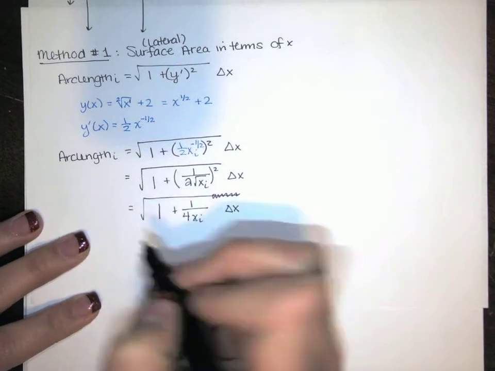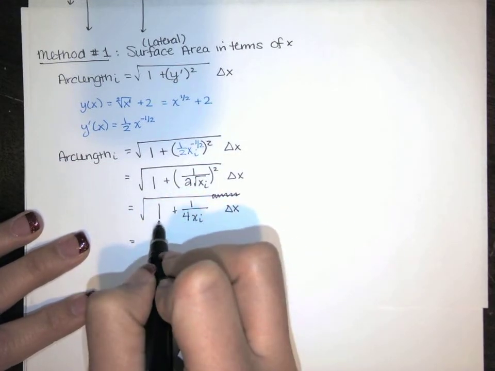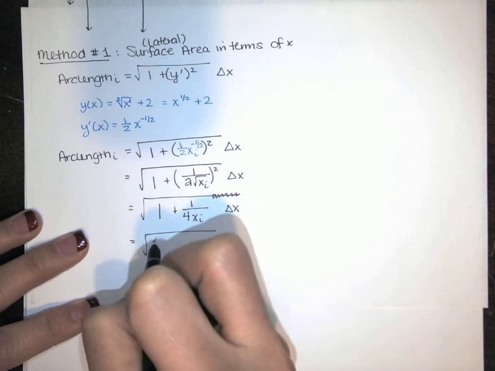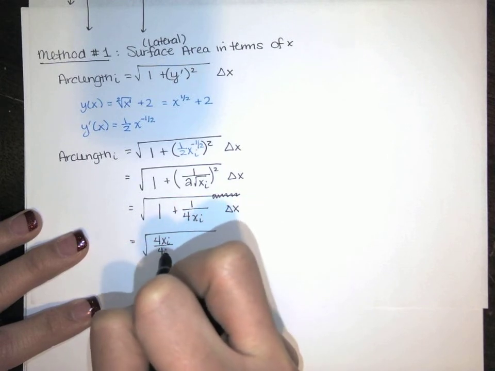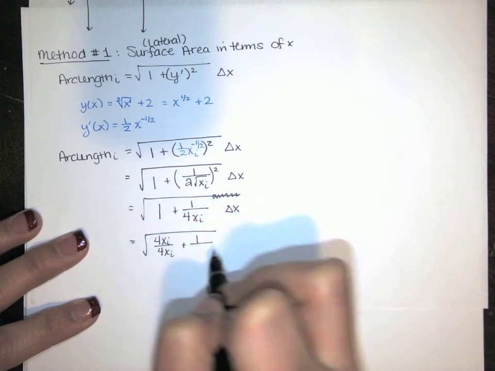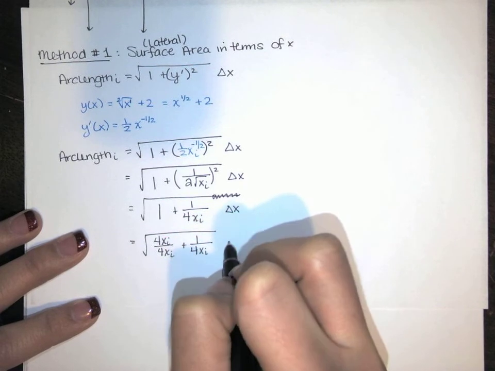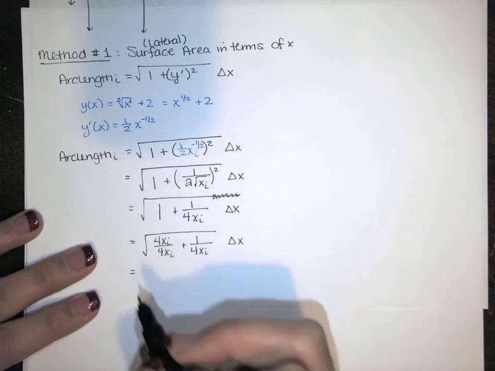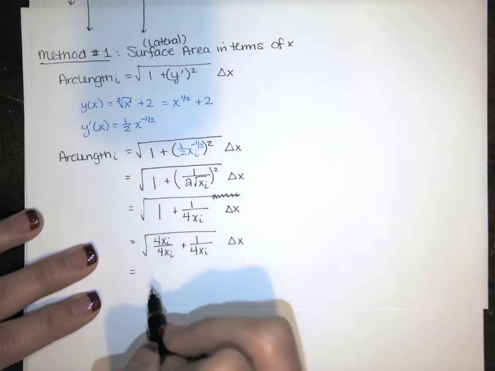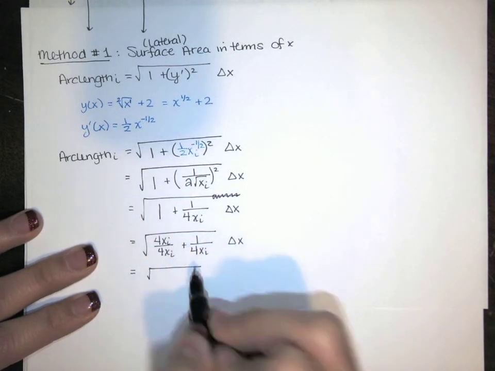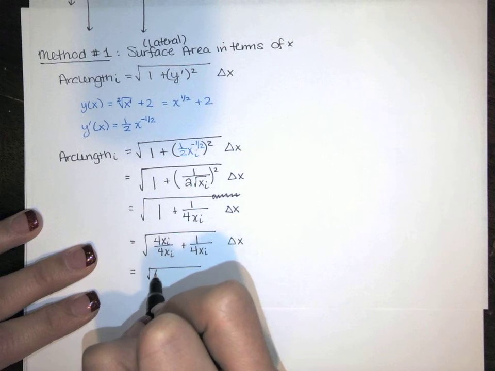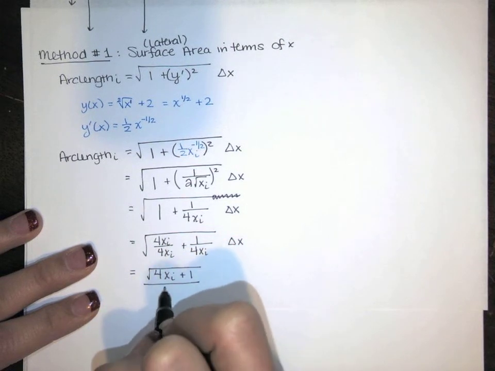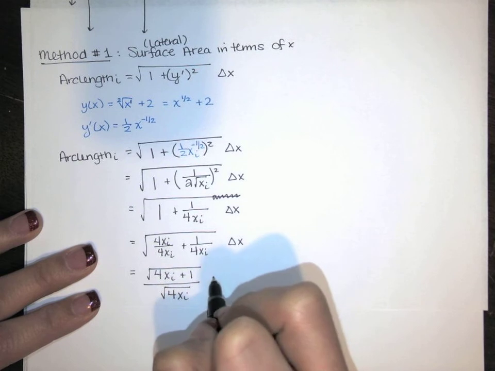And we might get a common denominator. This has a denominator of 1. That has a denominator of 4x. So instead of writing 1, I'll just write 4x over 4x. And I'm just using the x sub i because I'm talking about the ith little strip of paper that we're wrapping around our surface. So I've got a common denominator now. In the numerator, I have the square root of 4x sub i plus 1. In the denominator, I have the square root of 4 times x sub i.